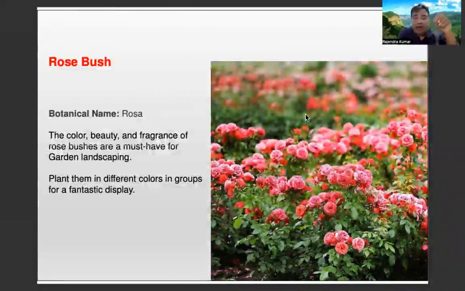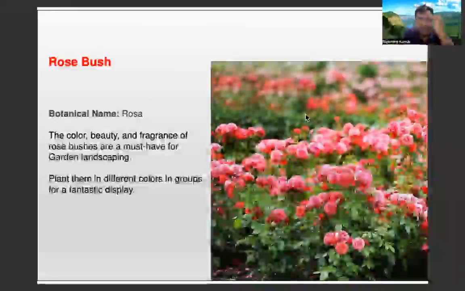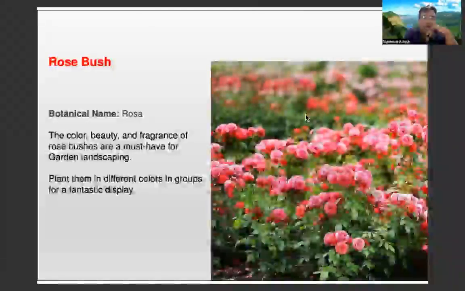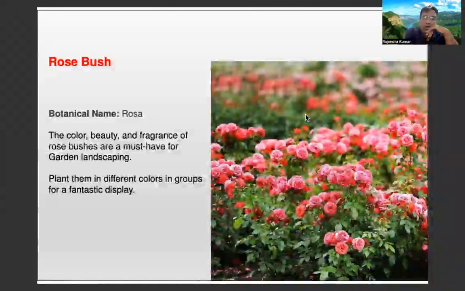The rose can be of different colors all over the world, but in India it is mainly red or a pinkish red. The color, beauty, and fragrance of rose bushes are a must-have for garden landscaping.